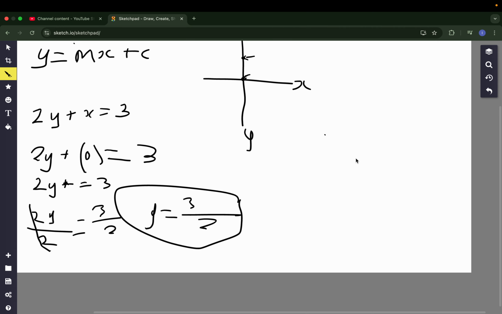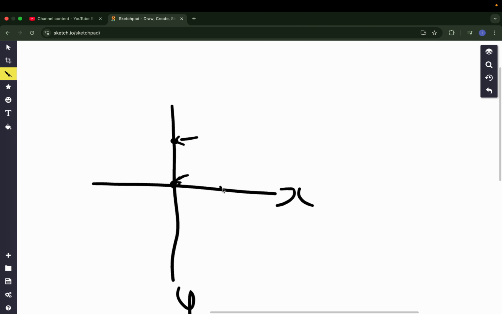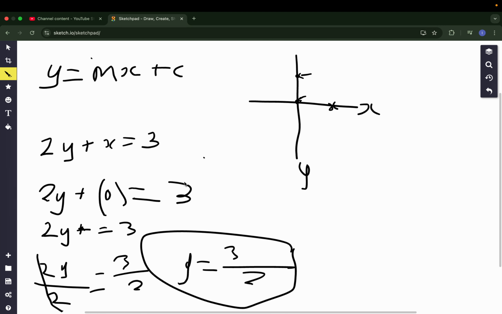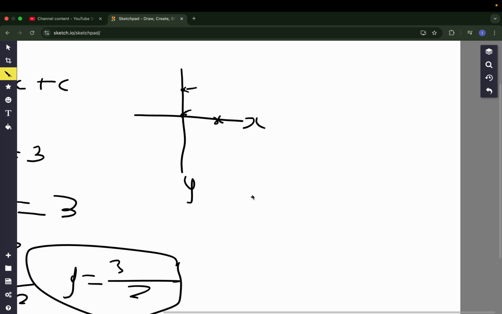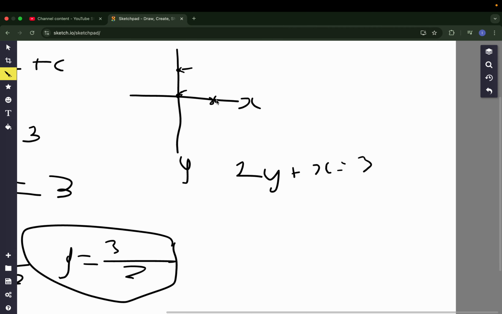Then we're trying to find the x-intercept, which is the same thing, when y equals 0. So if we just sub it in, 2y plus x equals 3, we know that if we're trying to find the x-intercept, the y is going to be 0.